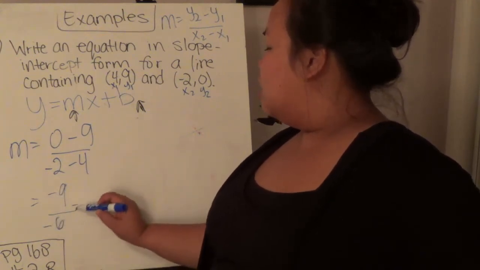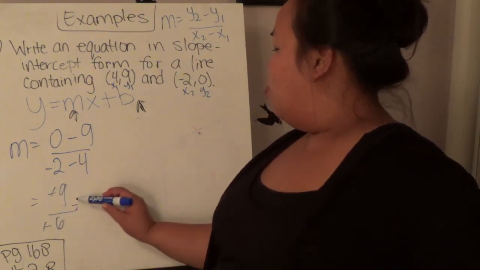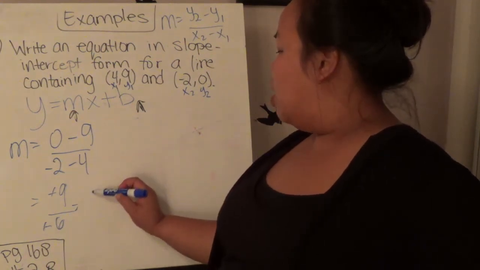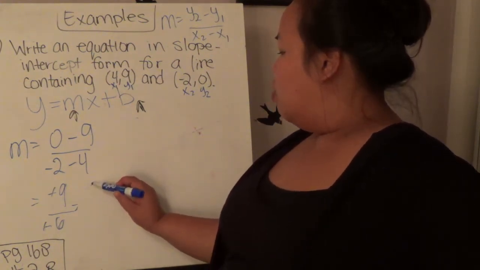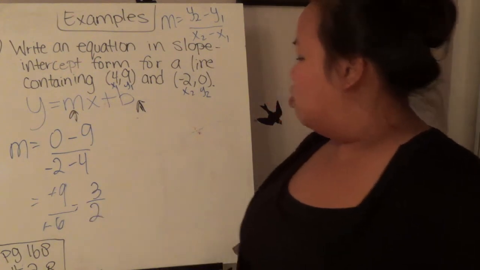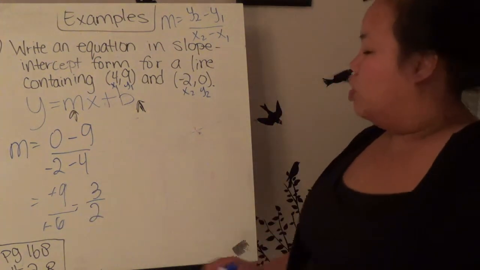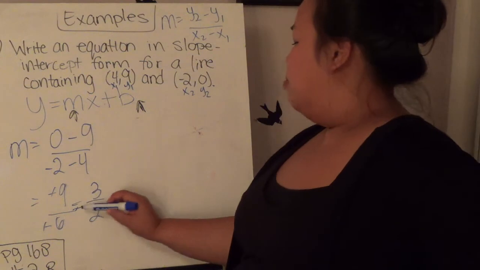The negative cancels out, and if I divide both sides by 3, we end up with 3 over 2. So it's reduced to positive 3 over 2, and this is my m.